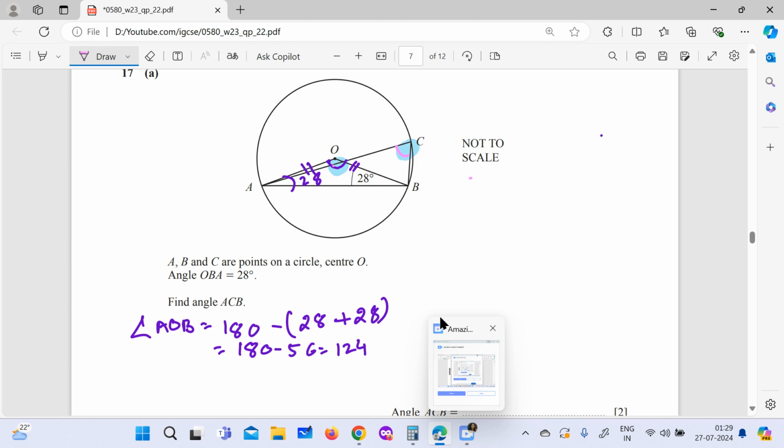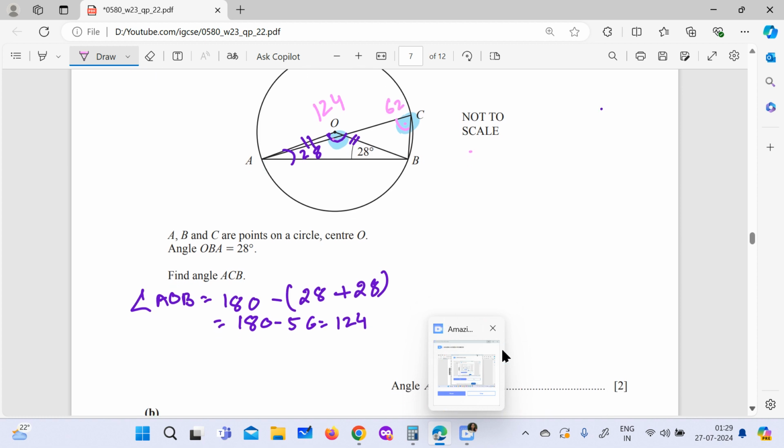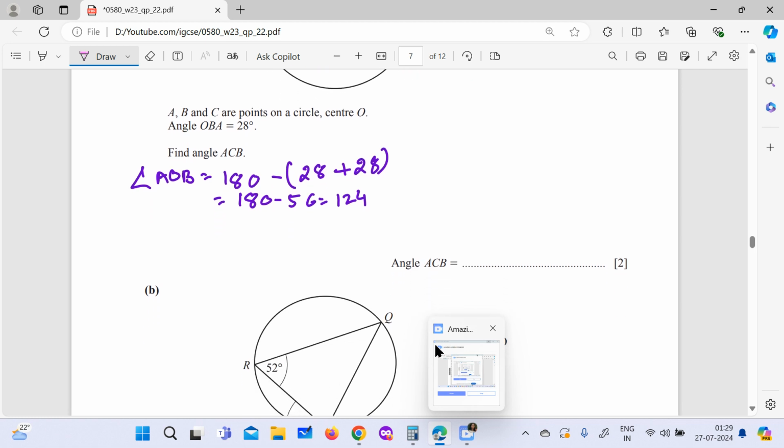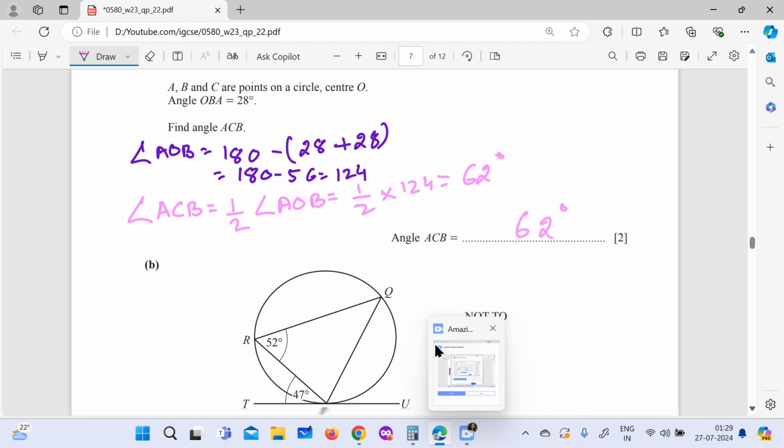So the angle at the center is 124, so angle C will become 62. Your question was to find angle ACB. So angle ACB equals half of angle AOB, which is half of 124, that is 62 degrees. Okay, let's move to the next question.